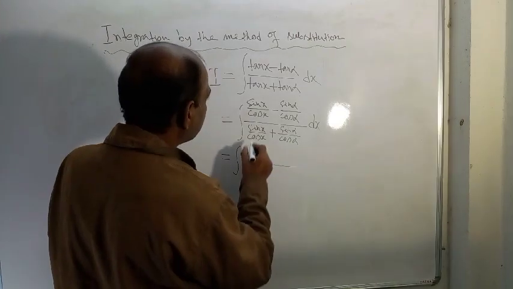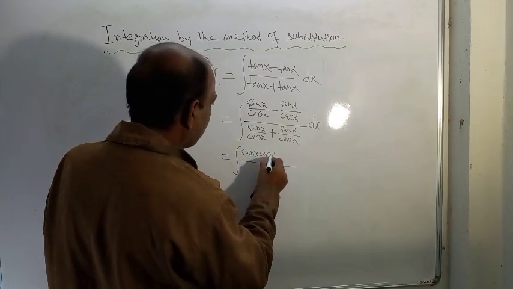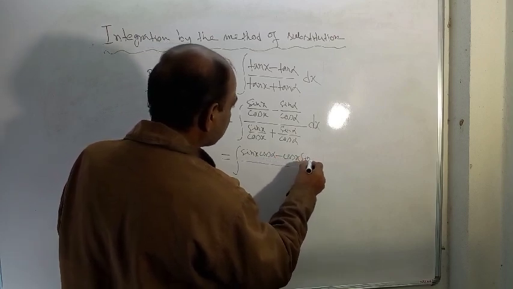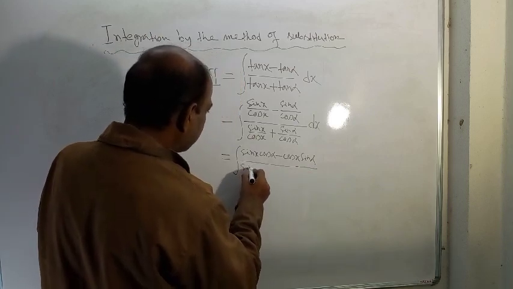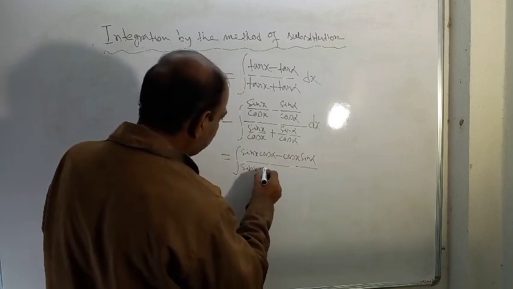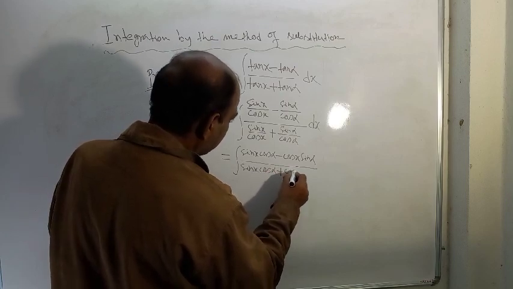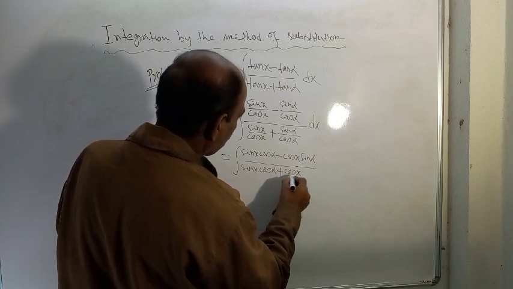It is equal to sin x cos alpha minus cos x sin alpha. In the denominator also the same thing, but with a positive sign, cos x sin alpha.